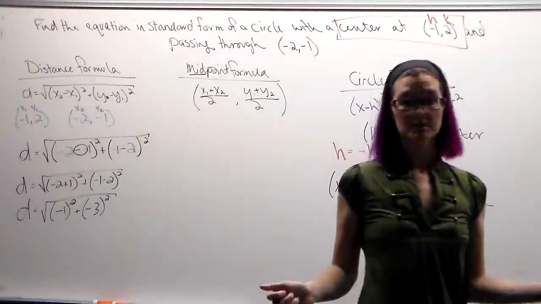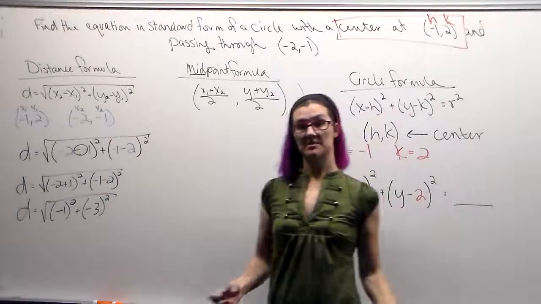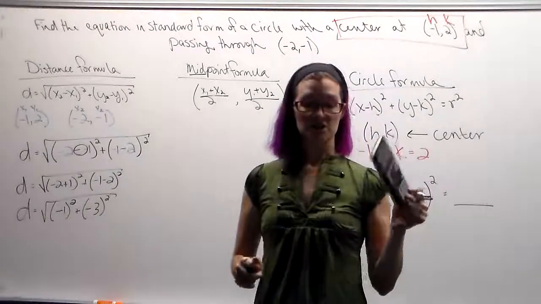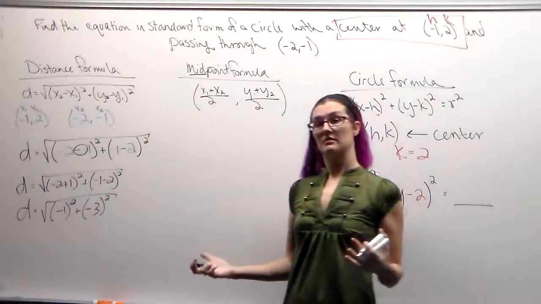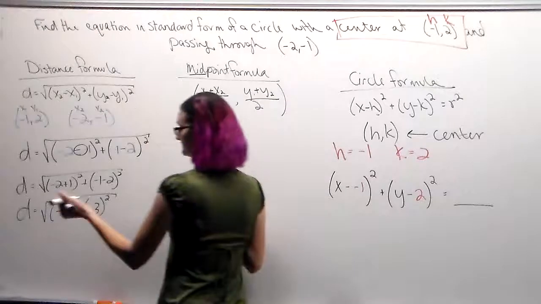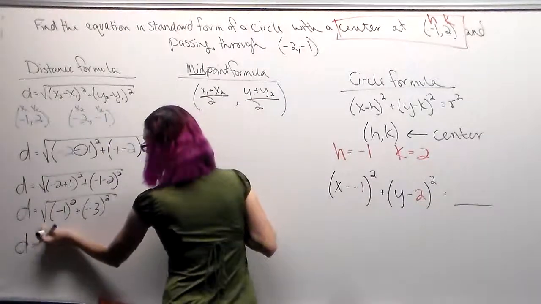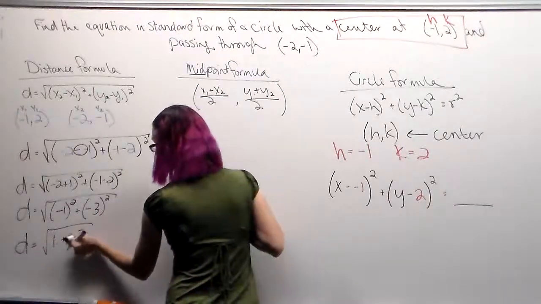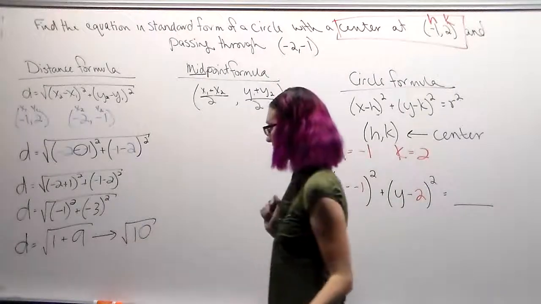Anytime you're in doubt and you're not 100% sure, maybe some numbers give you a hard time sometimes, double check with your calculator. One moment of hesitation will expand on a test and trick you into getting the wrong answer. So your distance is -1 squared, which is +1, plus -3 squared, which is +9, square root of 10.